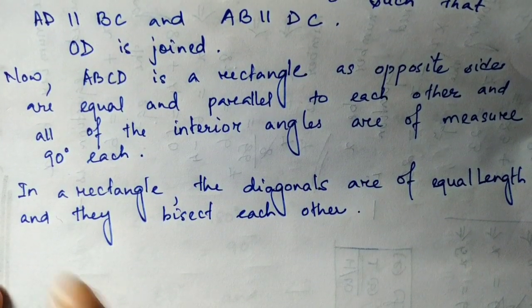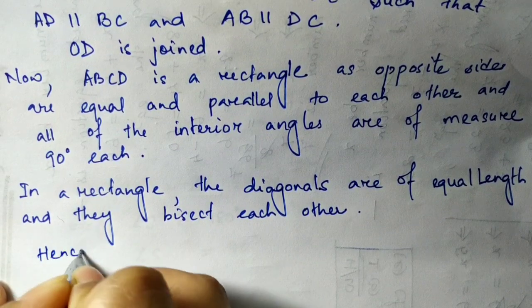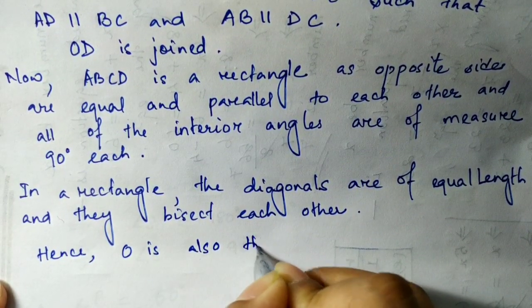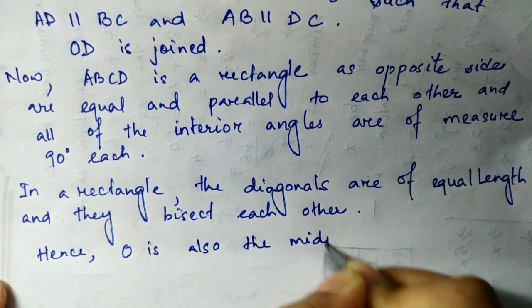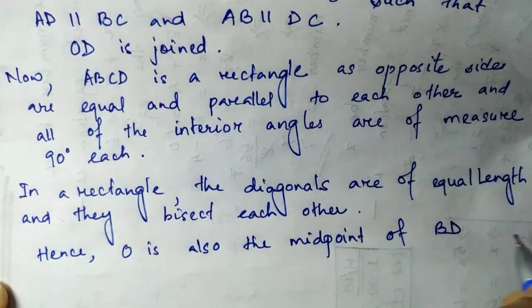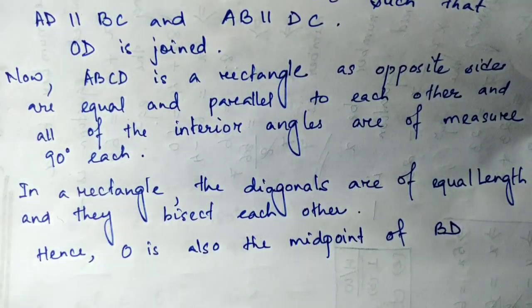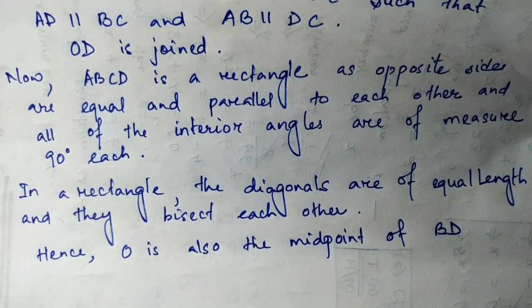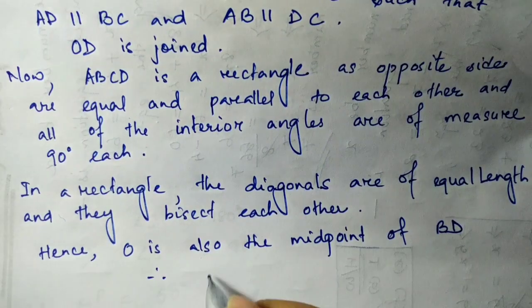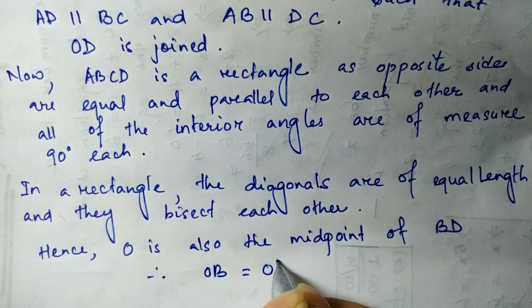So here, hence you can say O is also the midpoint of the other diagonal, that is BD. In the first few lines we have written that O is the midpoint of AC. So if the diagonals are equal, I can write it is also the midpoint of the second diagonal, that is BD. Therefore OB is equal to OD.